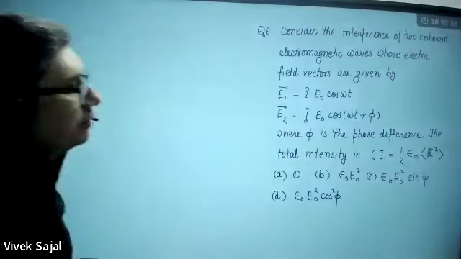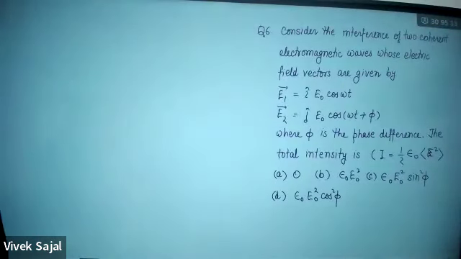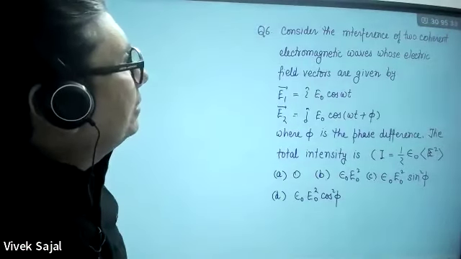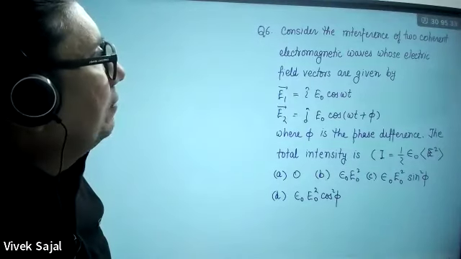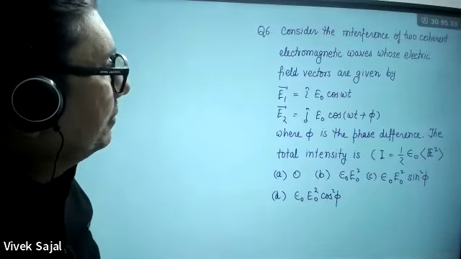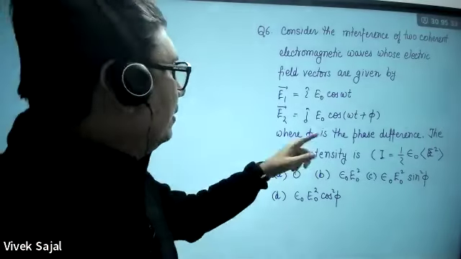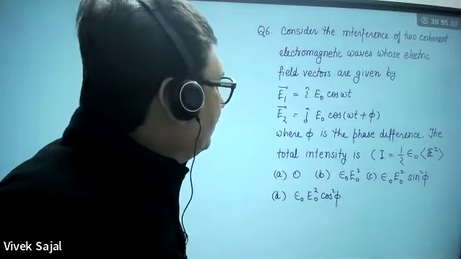Question number 6. Go through this question. Consider the interference of two coherent electromagnetic waves whose electric field vectors are given by this and this, where phi is the phase difference.